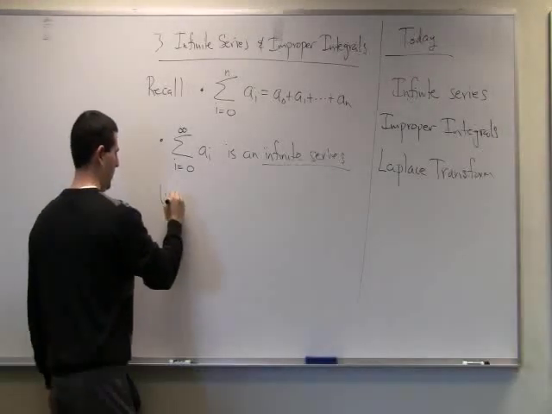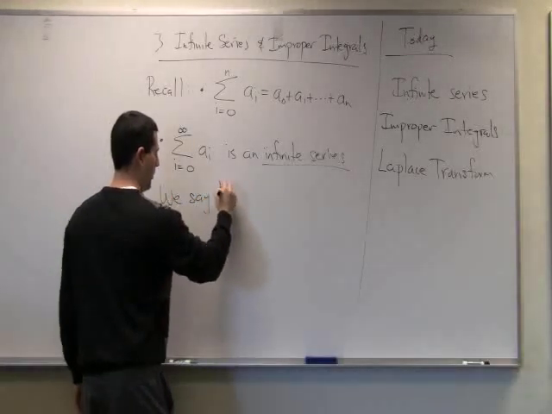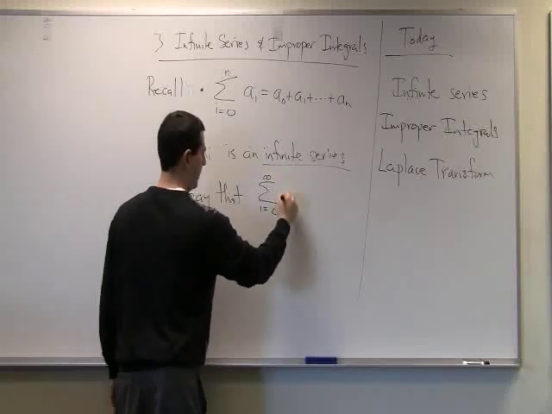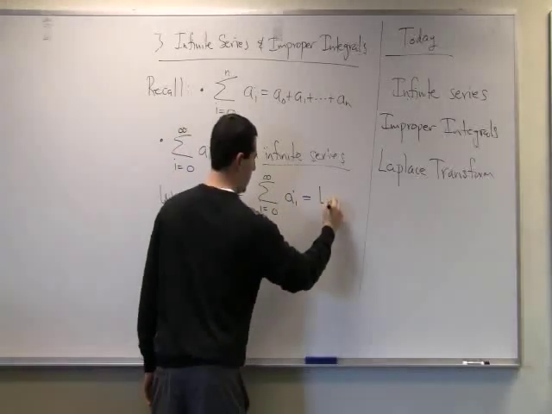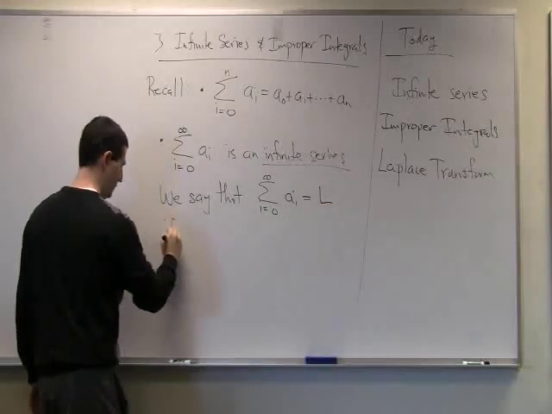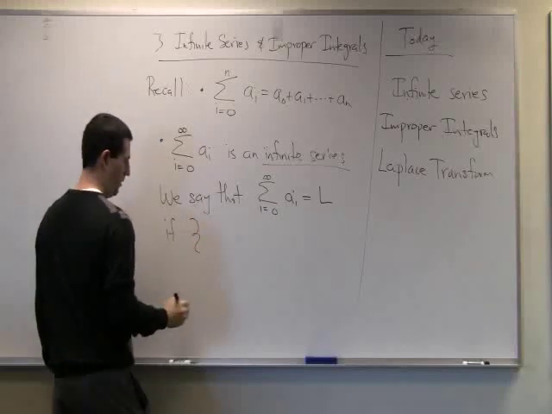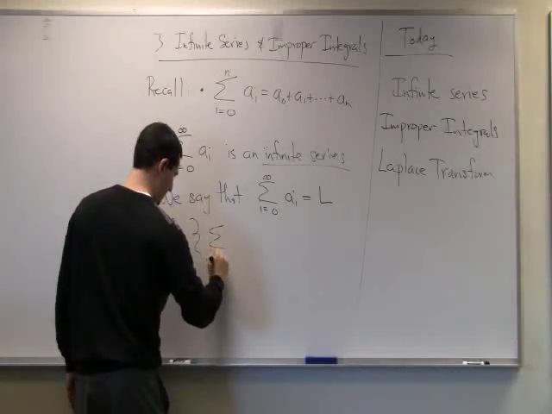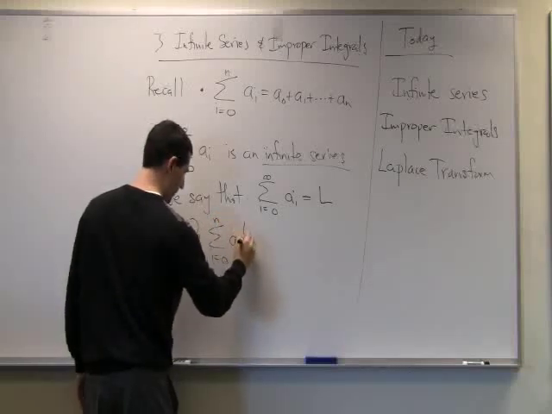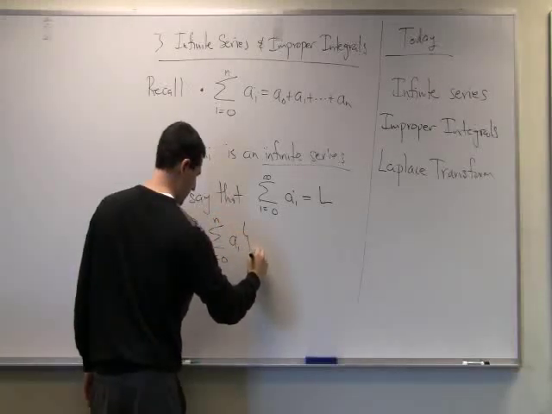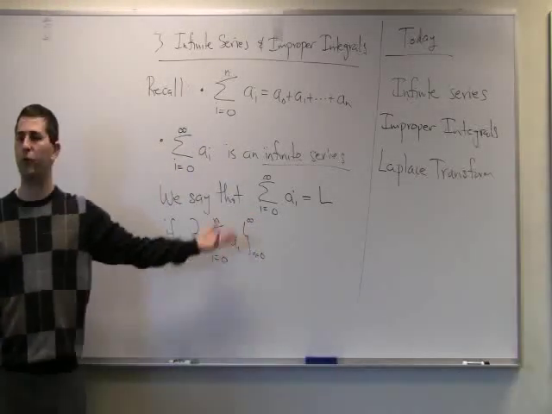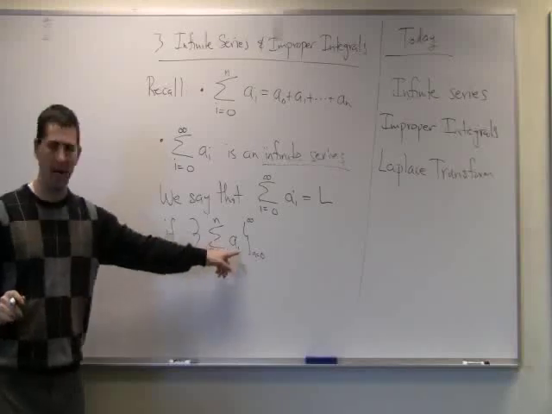And we say that this infinite series equals a number L if you take the following sequence. It's a sequence where you only add up the first n numbers. So for the 0th term in the sequence, you just look at a_0.